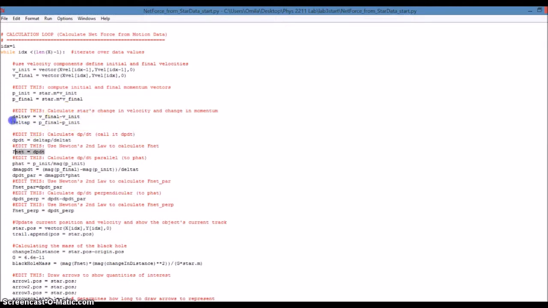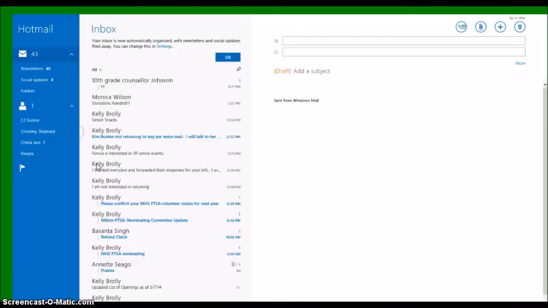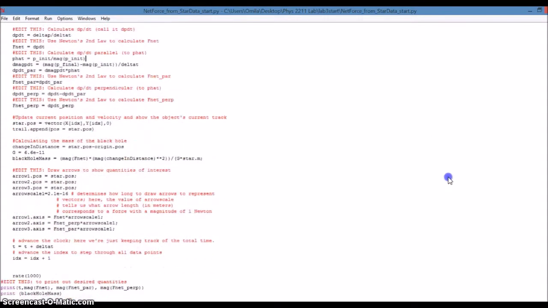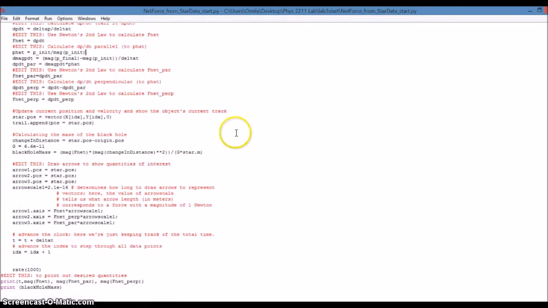Here you shall see a key component of the Python code in dmag_p_dt, equal to the magnitude of final velocity minus the magnitude of the initial velocity, divided by time.